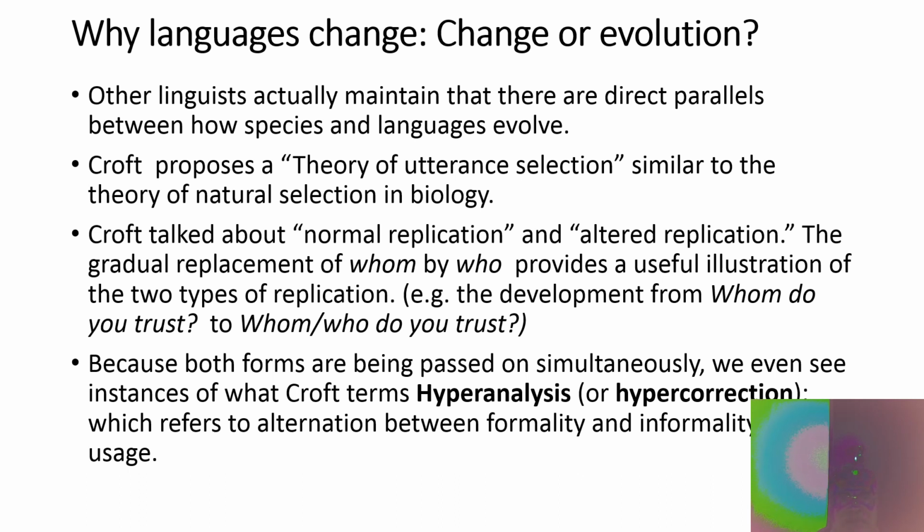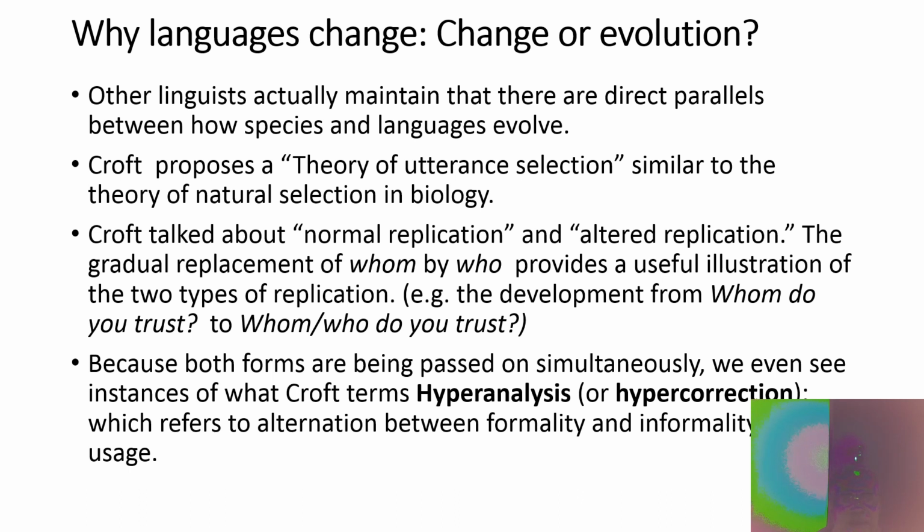And after some time, there is some sort of alternation between who and whom. So we can say, whom did you invite or who did you invite? So this is the normal replication and the altered replication. This means that there is some sort of alternation between the two terms which are used. So both forms are used now simultaneously.